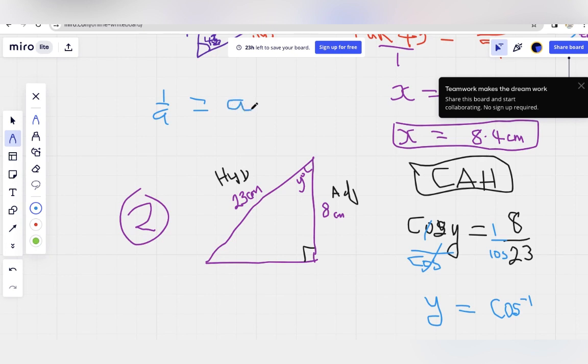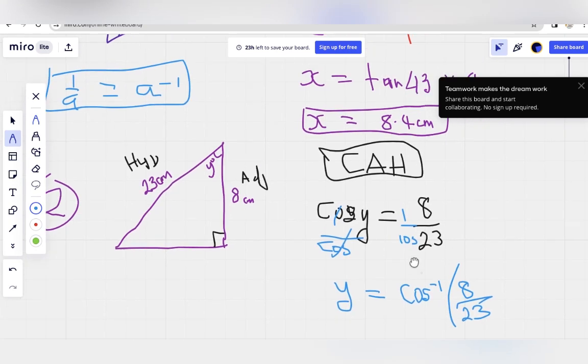We remember this simple rule in indices. So 1 over cosine means cosine raised to power minus 1. You now write 8 over 23 and put it in bracket. If you don't put this in bracket, you might be wrong. Your calculator may not factor it correctly.